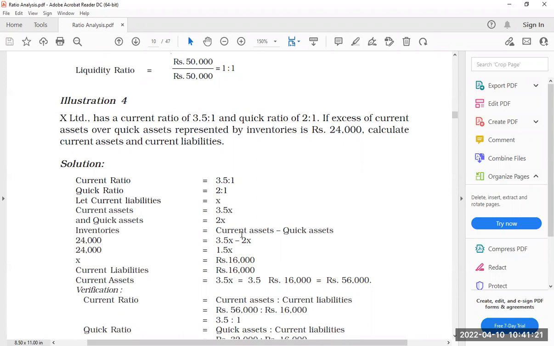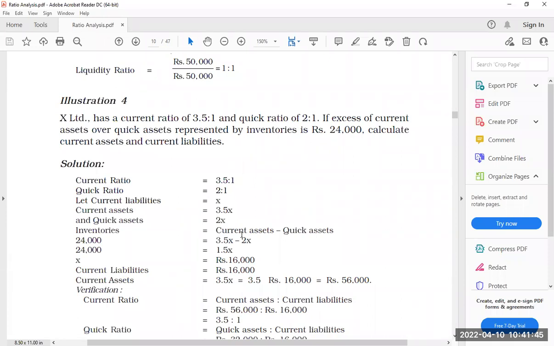Look at this. Current ratio is 3.5:1, quick ratio is 2:1. If you take current liability equal to X, current asset is equal to 3.5 times X. Will you accept? Are you able to come to this logic?